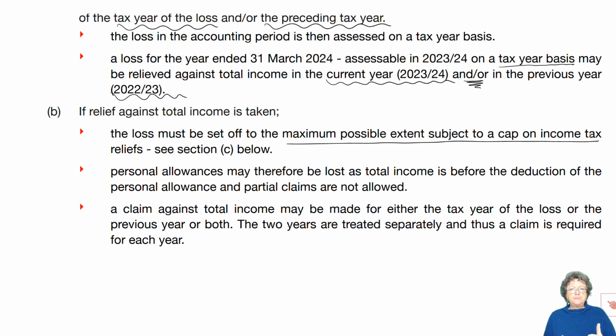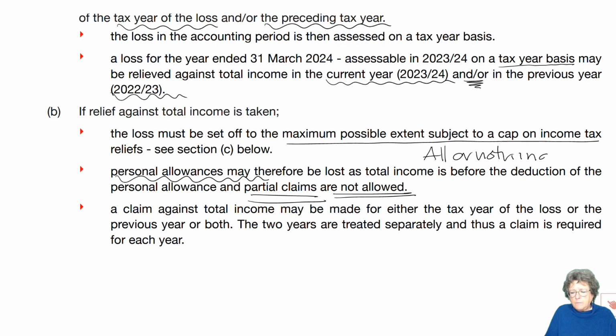However, as with the revenue, there is a downside to this. That means you could lose your personal allowances because partial claims are not allowed. They're called all or nothing claims.